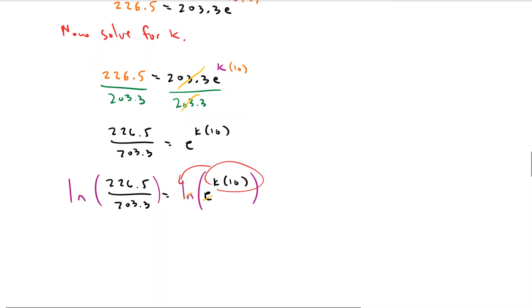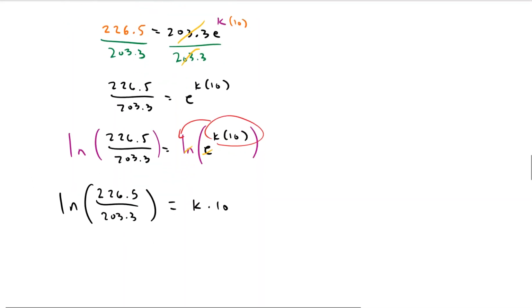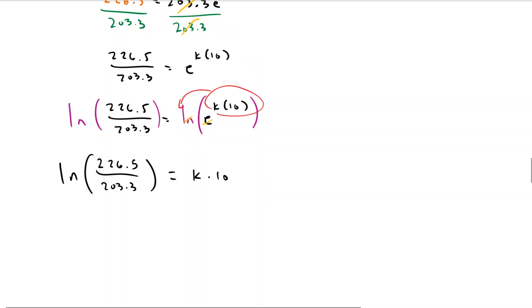Perfect, because the e and the ln cancel. So we're left with the natural log of 226.5 over 203.3, and this equals k times 10. So we only have one more step, and that step is divide by 10.